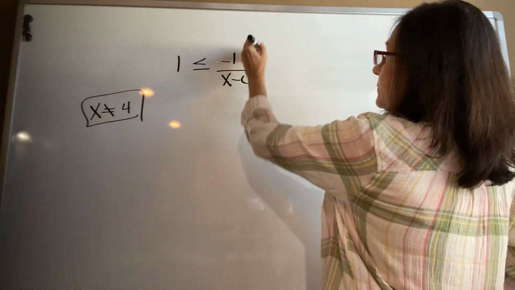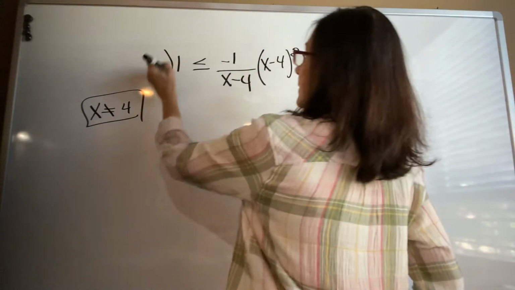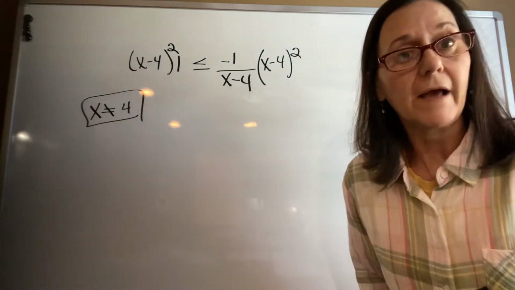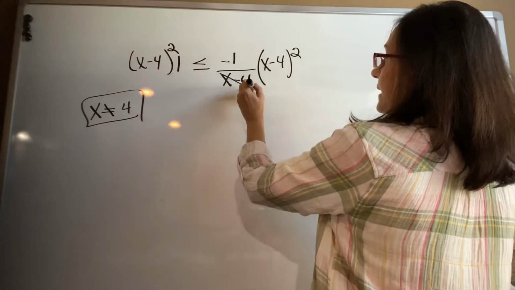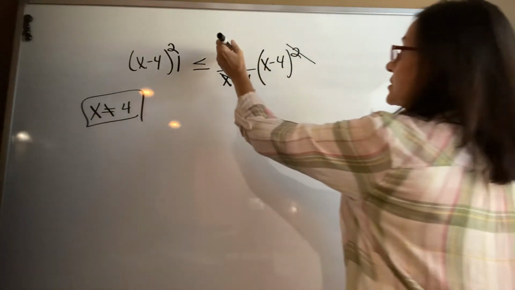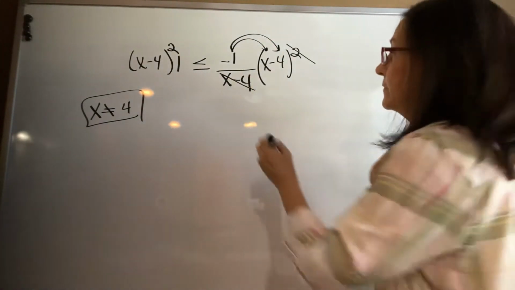Now, we multiply every term by that denominator squared. So on both sides, we're multiplying by x minus 4 squared. On the right-hand side, the denominator eliminates and one of those terms eliminates. So we're just distributing the negative 1 to both of the terms in the binomial.